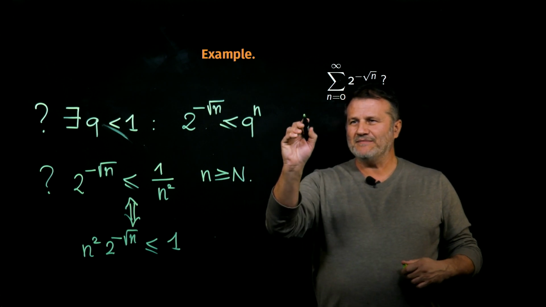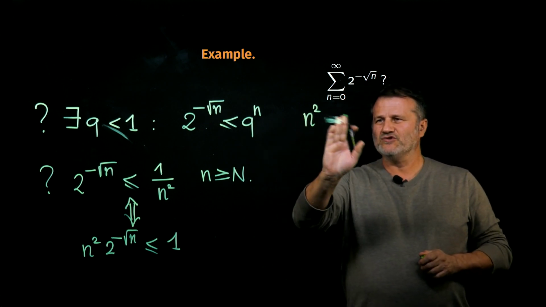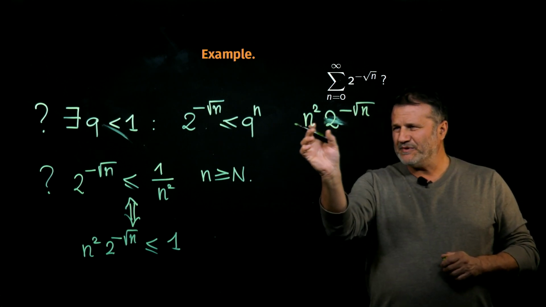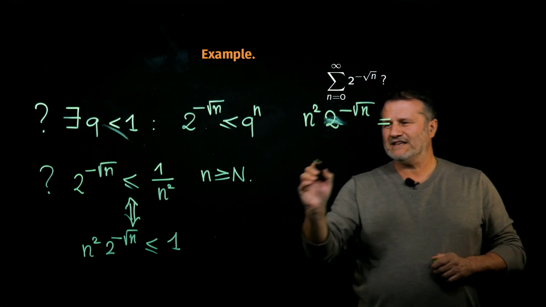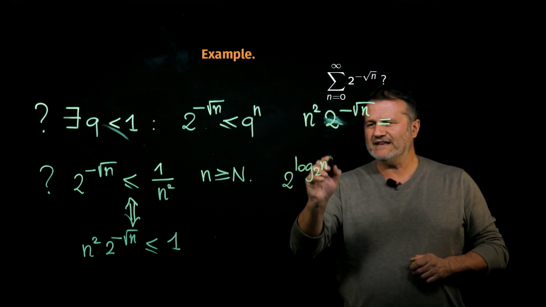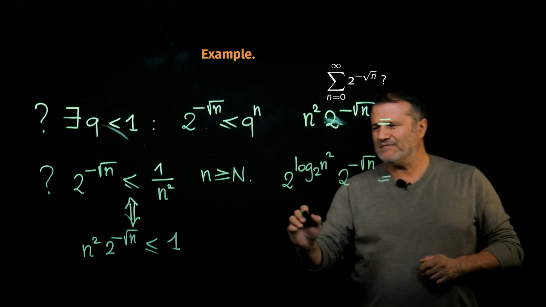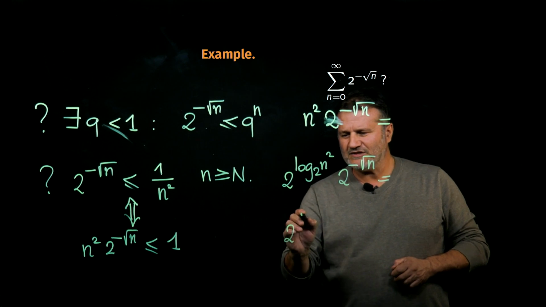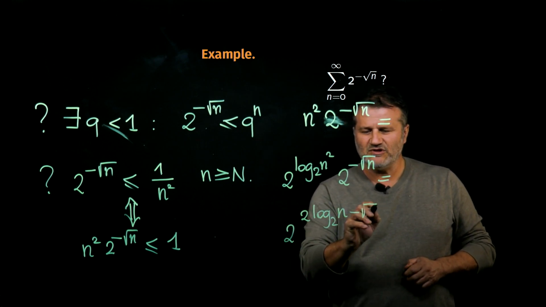And to compute that limit, we observe that if I take n squared times 2 to minus root of n, and I put also the square as an exponential, so I write this as 2 to log base 2 of n squared times 2 to minus root of n. This becomes equal to a unique exponential with exponent 2 log base 2 of n minus root of n.